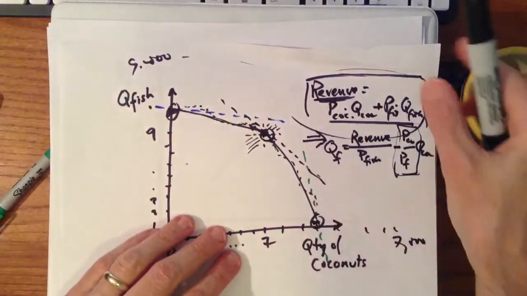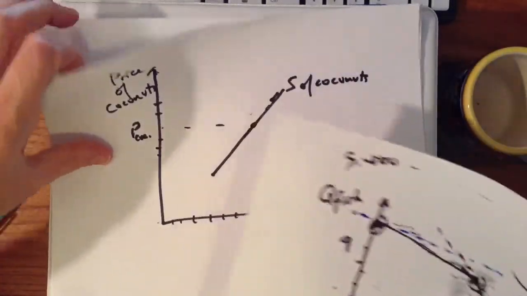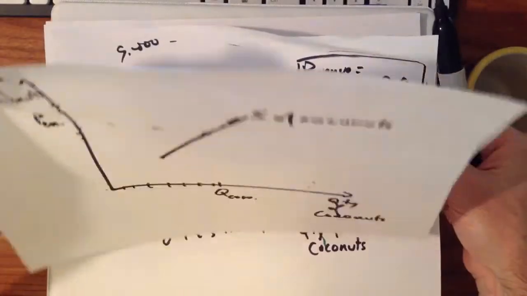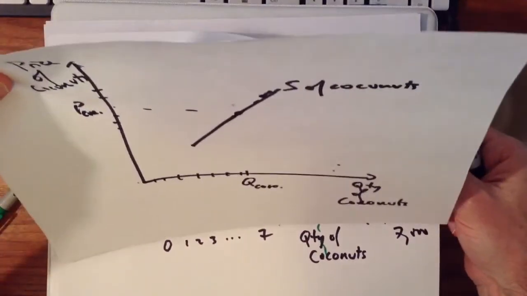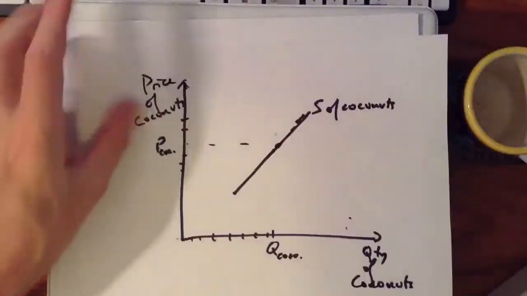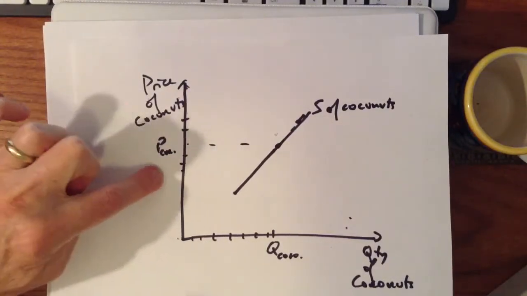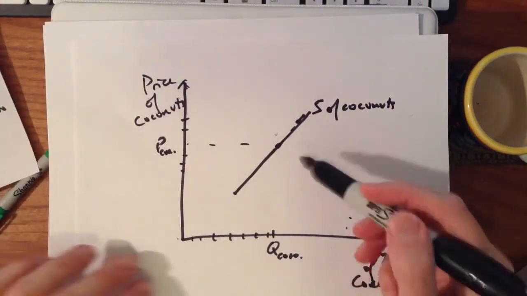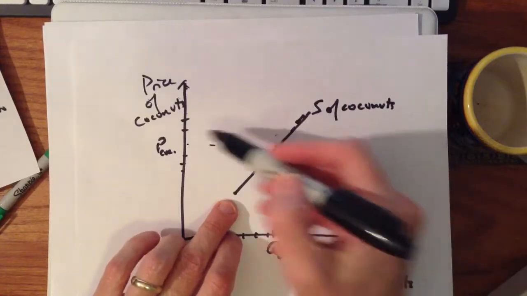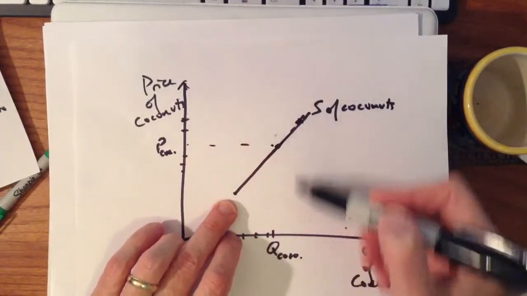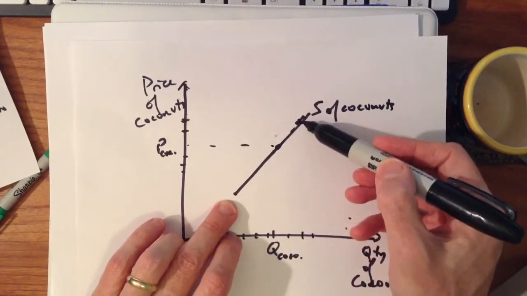And so when I take this other dimensional slice of the world, the same x-axis you see, but a different y-axis, now price of coconuts, I'm always going to have a higher price of coconuts getting me more coconuts.